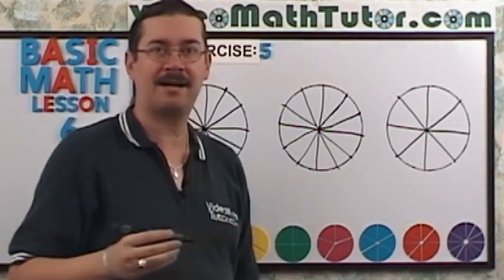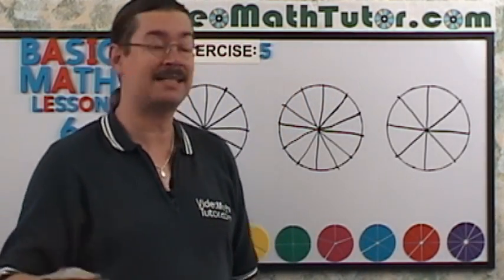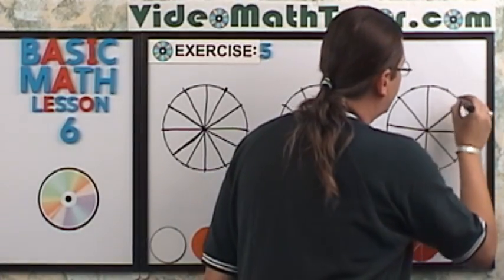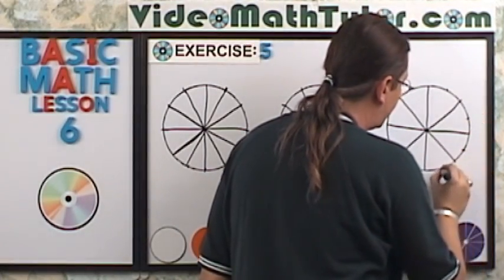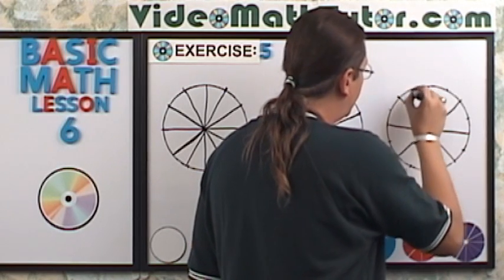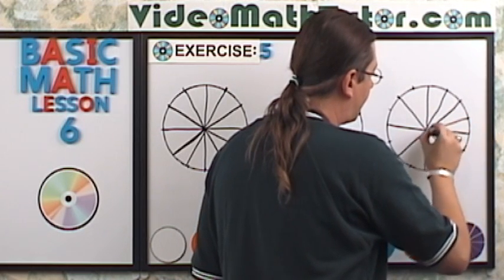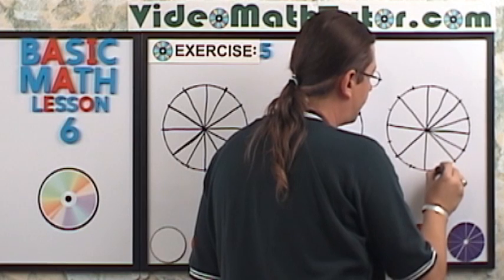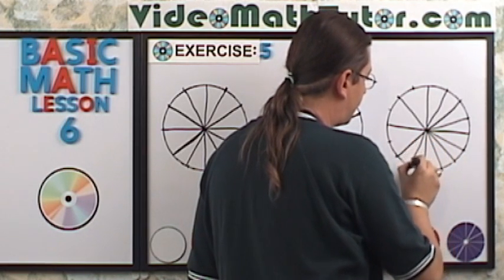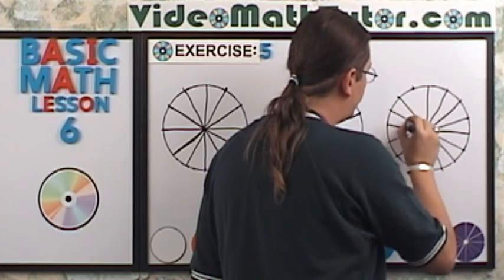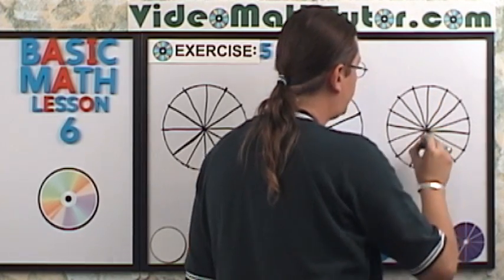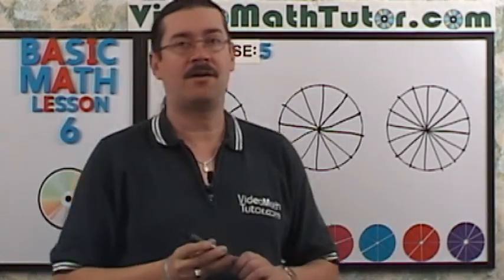And then cut each of the eighths in half to get the sixteenths. So I'll draw my little guides right here first, and then cut them in half. And that's all there is to it.